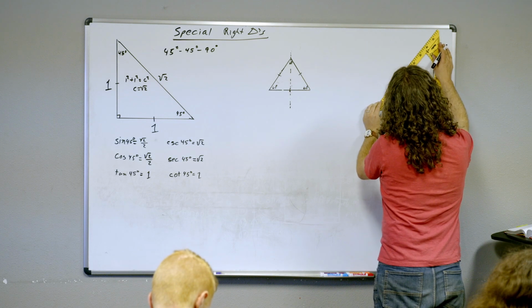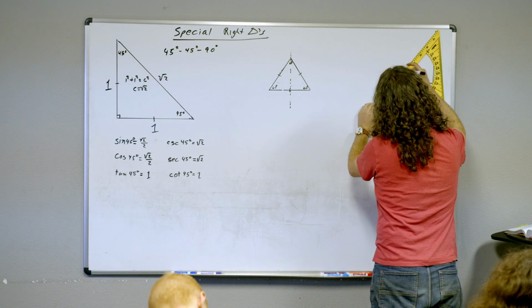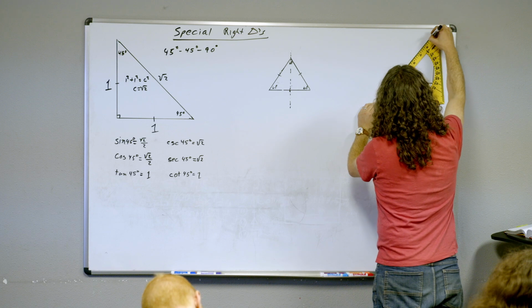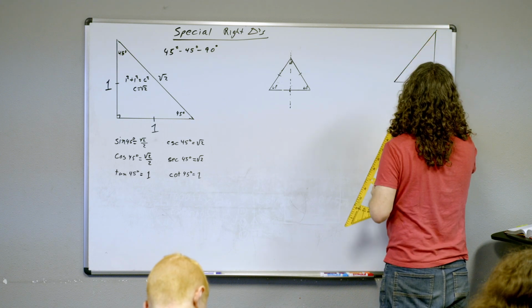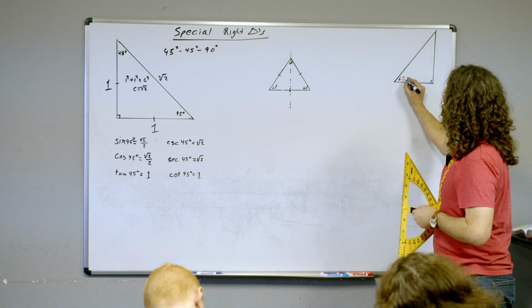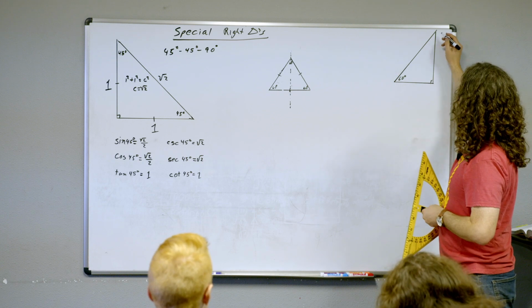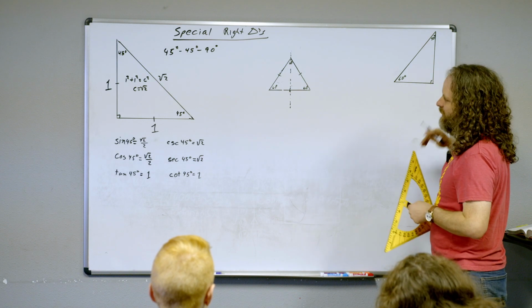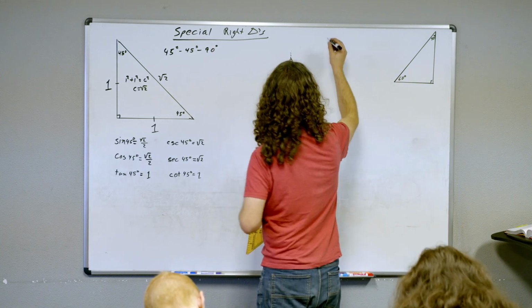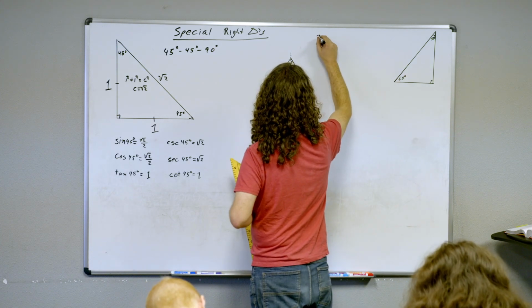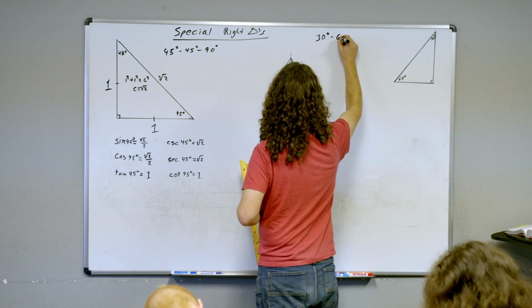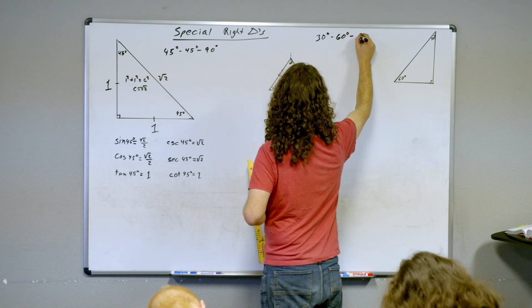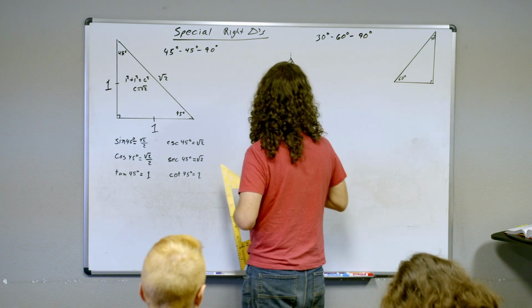I don't care at the moment about making it perfect. So this angle would be 60 degrees, because we chopped it out of there, which would make this one 30 degrees. And that's the 90, of course. So this is our second special right triangle, a 30, 60, 90 triangle.